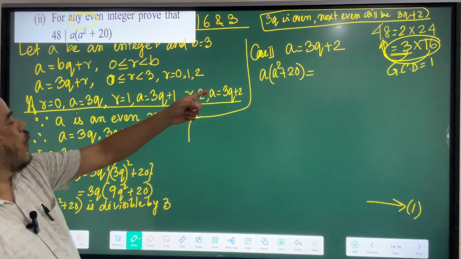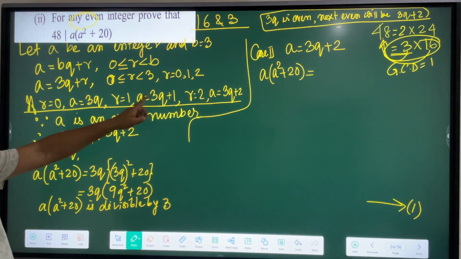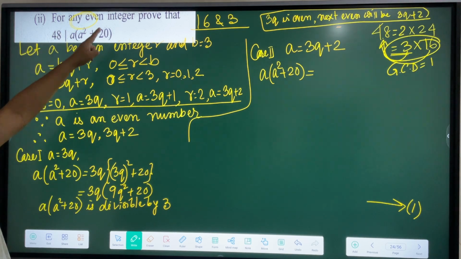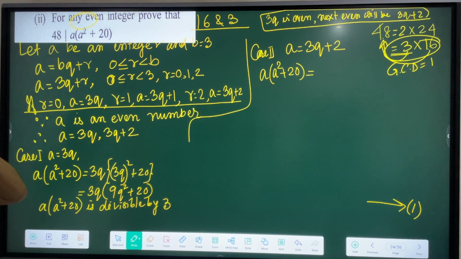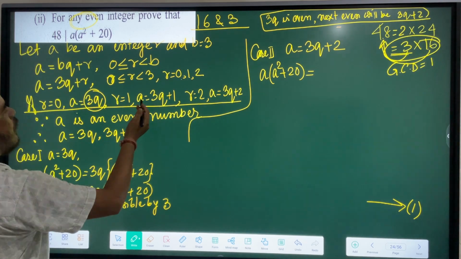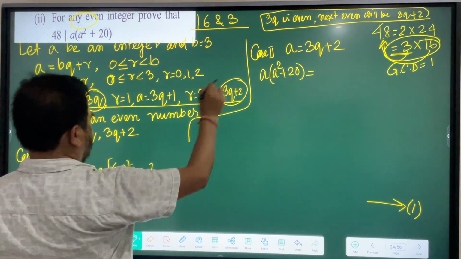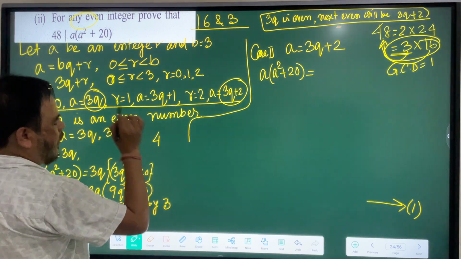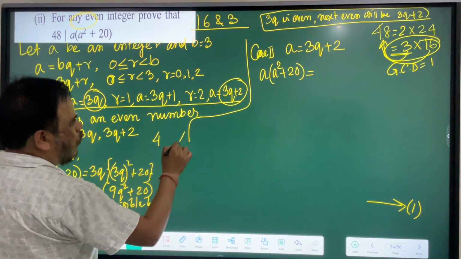Now case 2. Sorry. Now the question is that here it is given any even integer. So if 3q is even, then the next even will be 3q plus 2, not 3q plus 1. Like if 4 is even, then the next will be 4 plus 2.